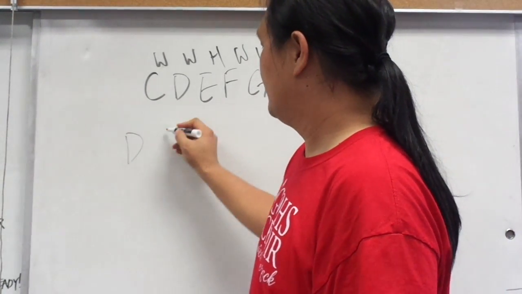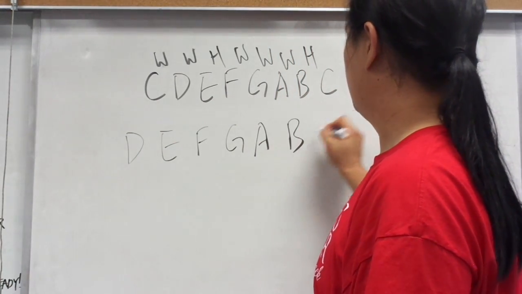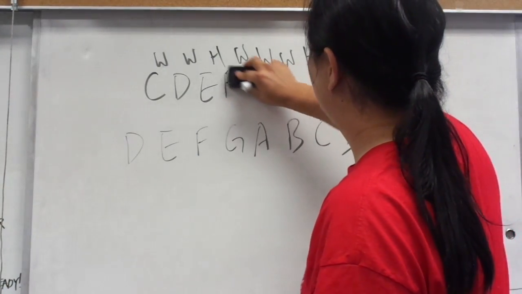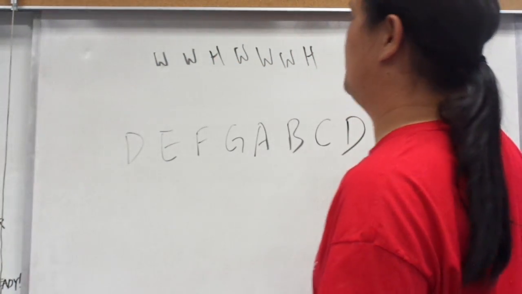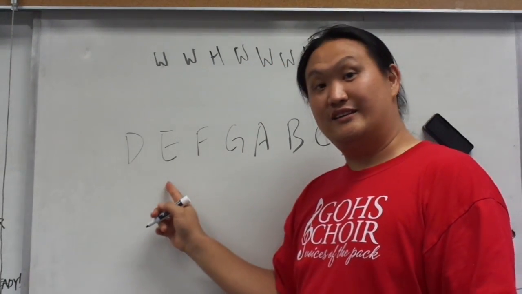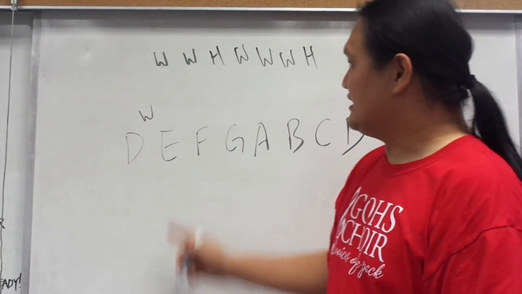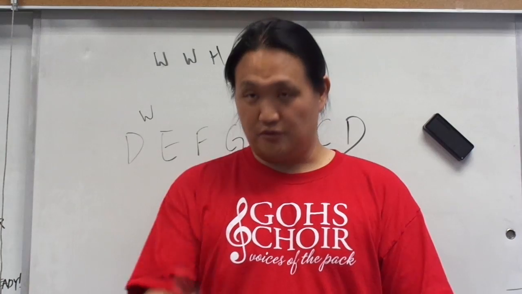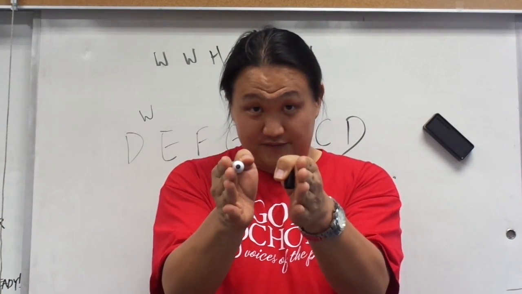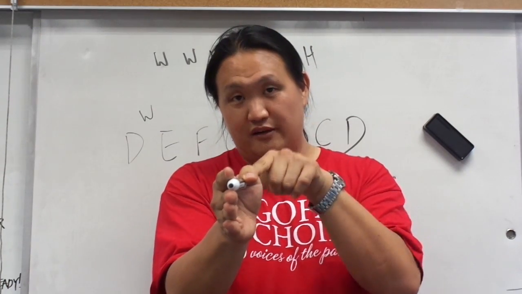D, E, F, G, A, B, C, D. Remember, again, we have to have this relationship. D to an E, that's a whole step. So that one checks out. E to an F, that's a half step. So if this is an E and that's an F, right? That's a half step. So we already know that E is part of D major scale.